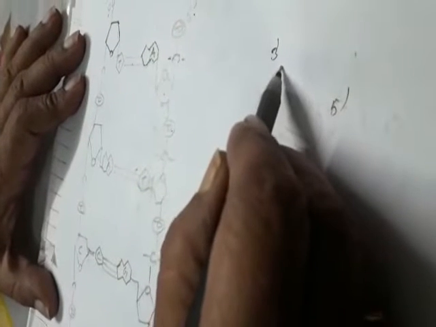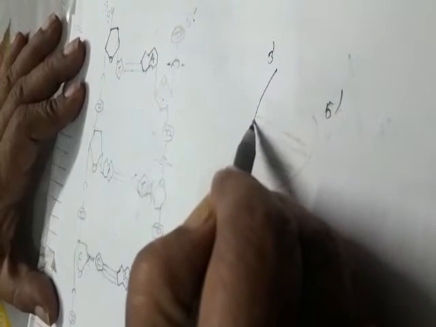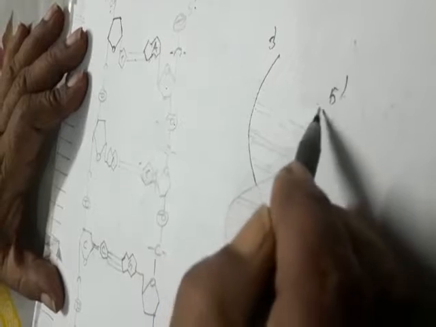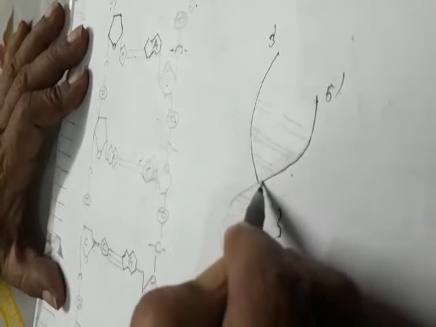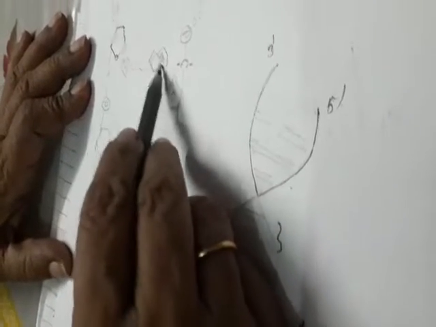The backbone, that is a strand, is made up of pentose sugar and phosphate.